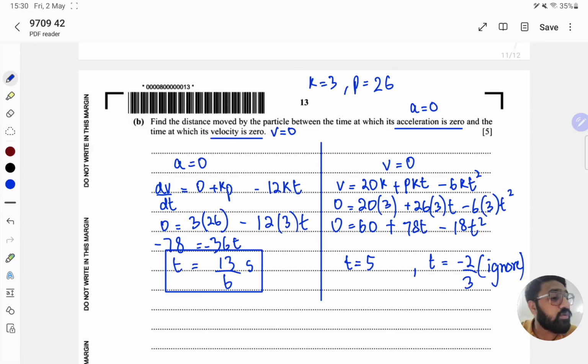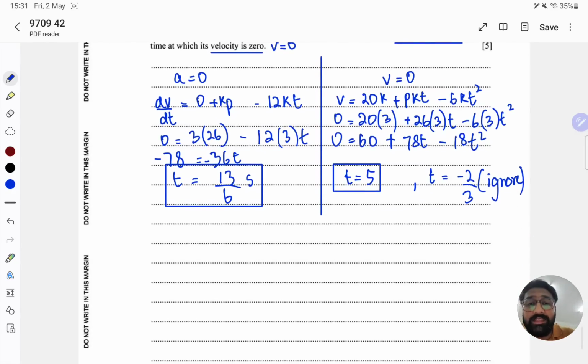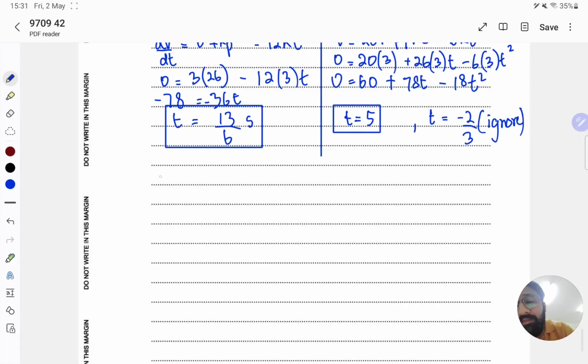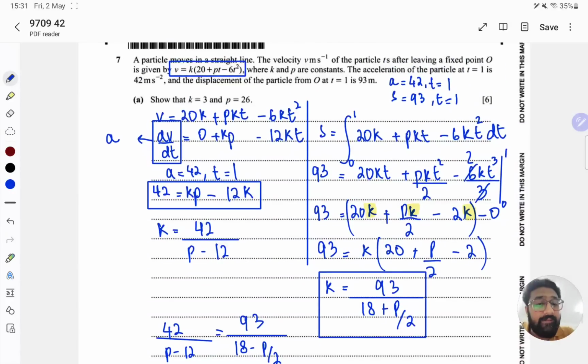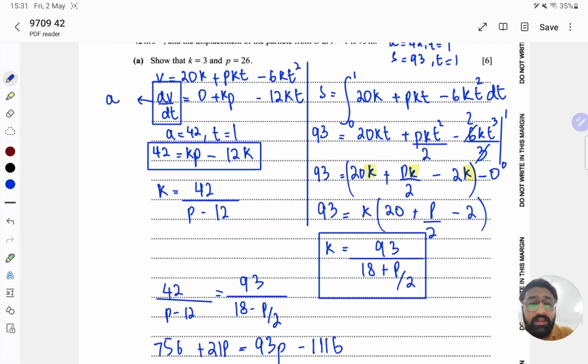So these are the two times: one time is when the acceleration is 0, and the other time is when the velocity is 0. So we need to find out the distance that they have covered. We have already found an expression for the distance, which is 20k. Let me write down the expression.